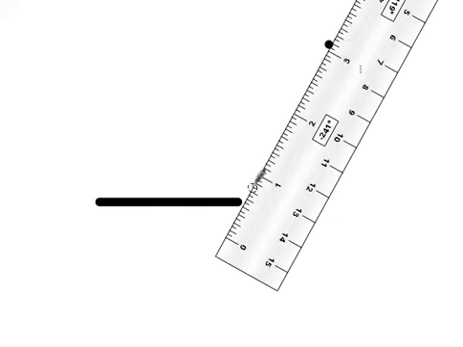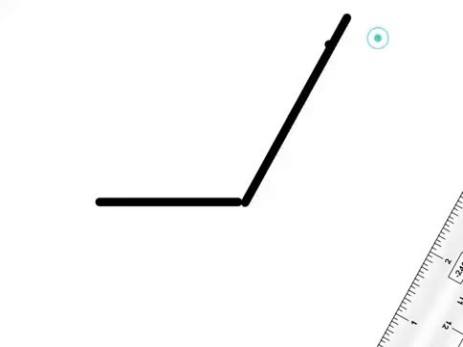Using your pencil to draw here, and then we can use the compass to bisect the angle.